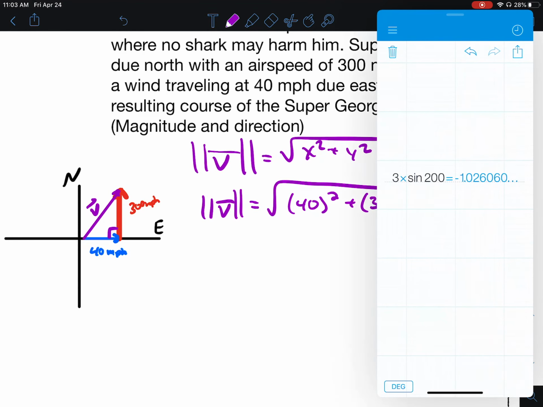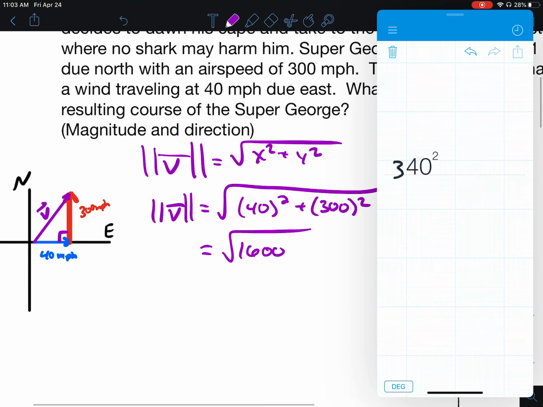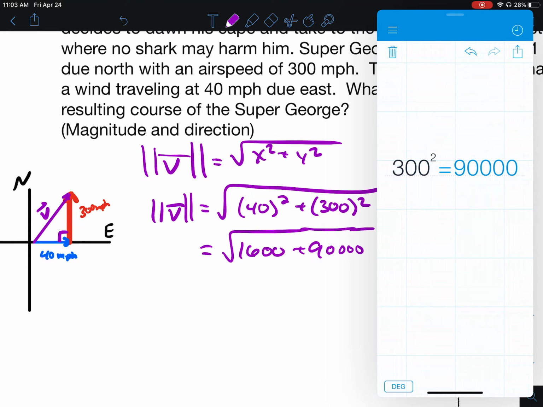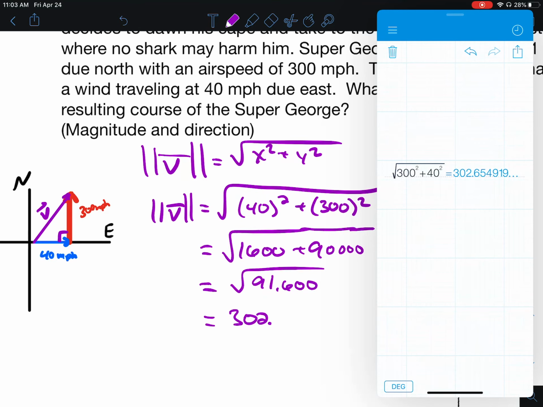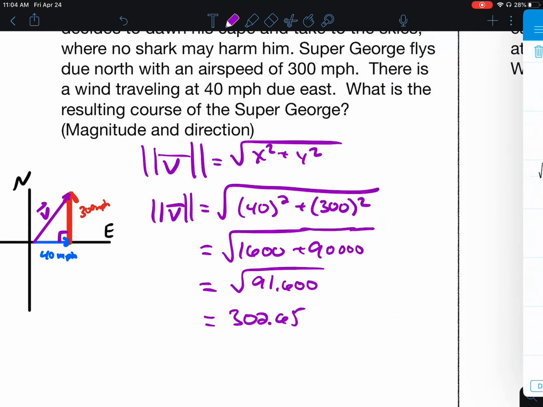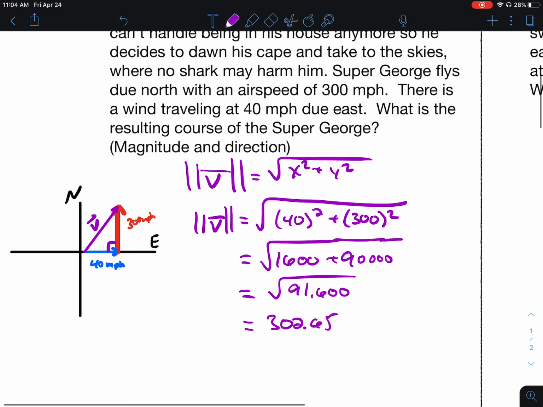Now if we use a calculator, 40 squared is 1600. 300 squared would be 90,000. If we add those together, we get the square root of 91,600. And if we square root that, we're going to get about 302.65. We're going to just round to 2 decimal places.